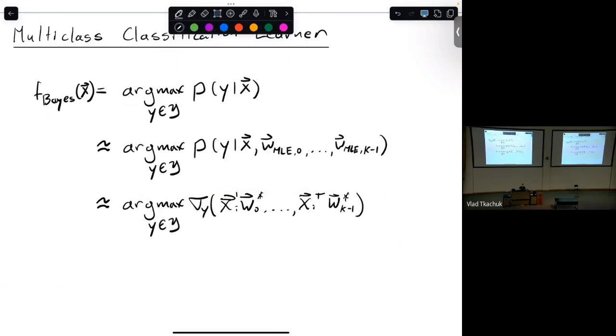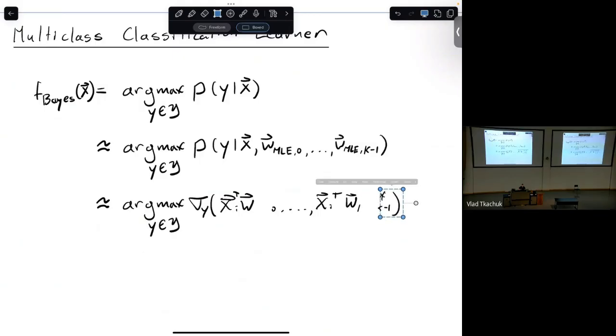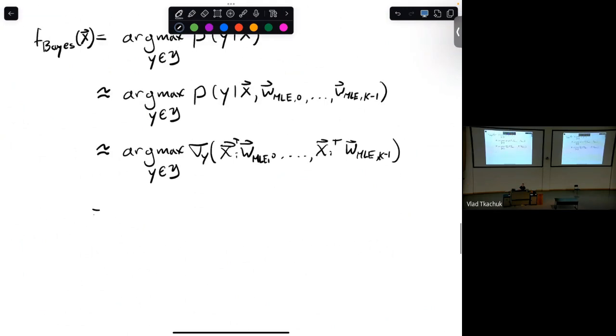So all I'm doing is taking these W stars and replacing them by the MLE versions of them. These are our estimates of W star. That's it. And that will be our predictor that we get based on data, called F multiclass.